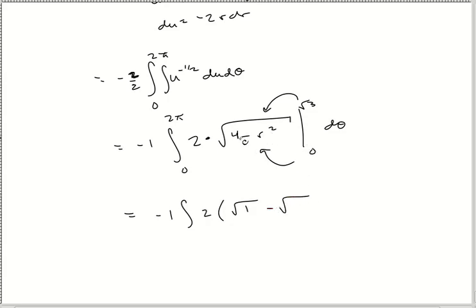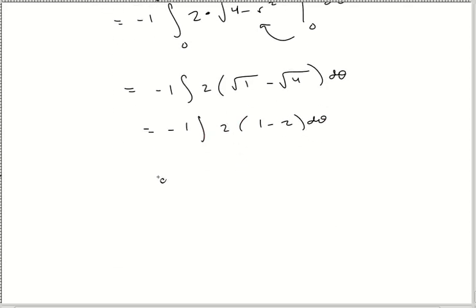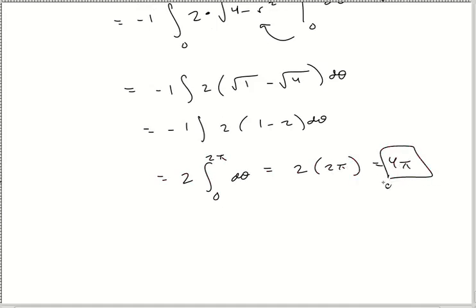And then when you plug in the 0, you get the square root of 4 there. 1 minus 2, essentially, makes it a negative 1, times a negative 1 makes a positive. Put the 2 in the front. 0 to 2 pi d theta. 2 pi slide. There we go. 4 pi in the end. Whew. That was a long problem.